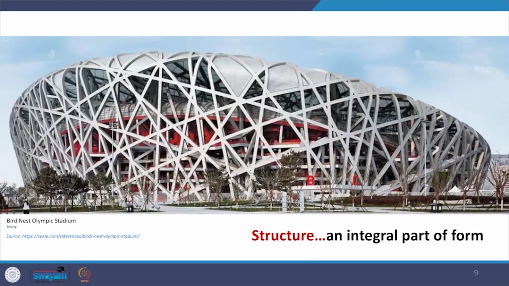Now, this is one example from Beijing, China. That was built recently, the Bird Nest Olympic Stadium. This is again another example of a structure which is inspired by the nest. Here we can say the form was taken, the initiation is just a bird nest, but the execution, the proper alignment of the beam and column, is very important here.